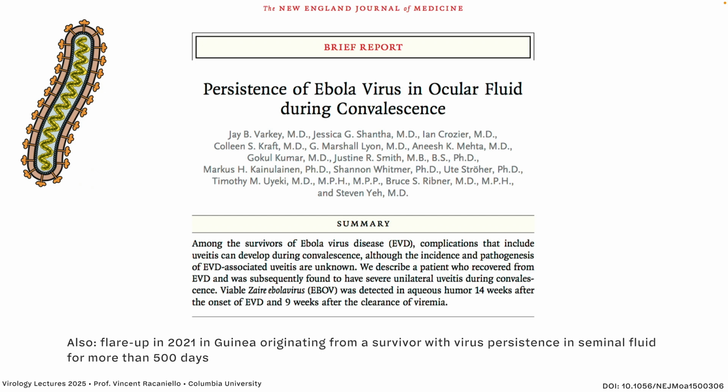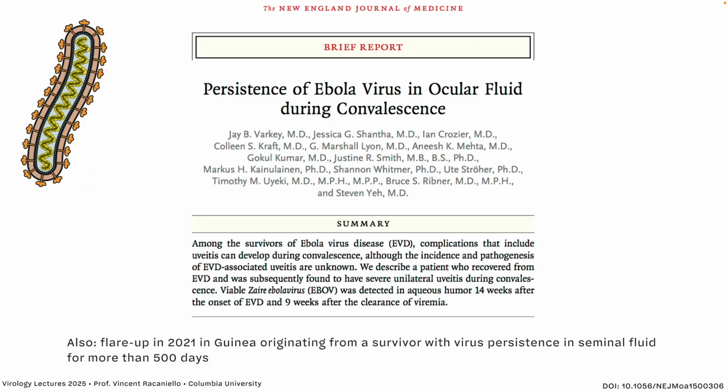Among the survivors of Ebola, complications that include uveitis. Do you know what uveitis is? Inflammation of the eye. So this is the first time this was seen after the Ebola is cleared. So all these patients are PCR negative, like 30, 60 days after infection. And then suddenly they're getting uveitis. And this is a case report of one patient.